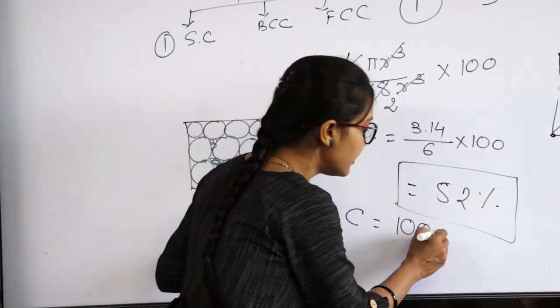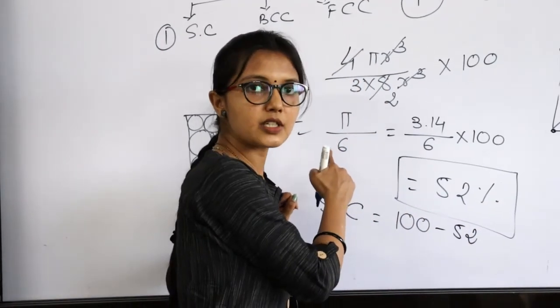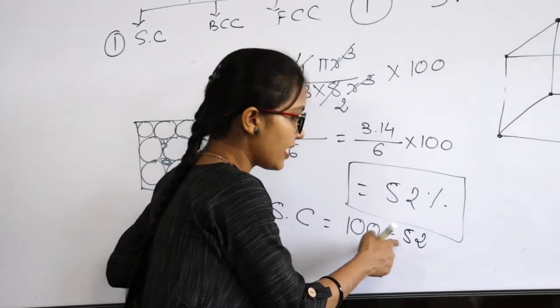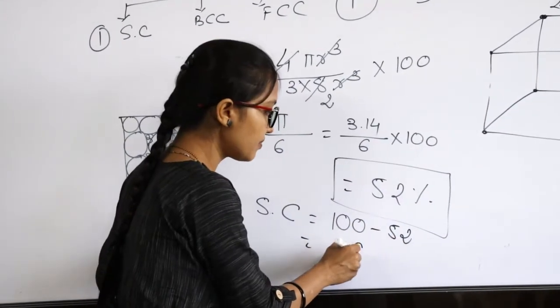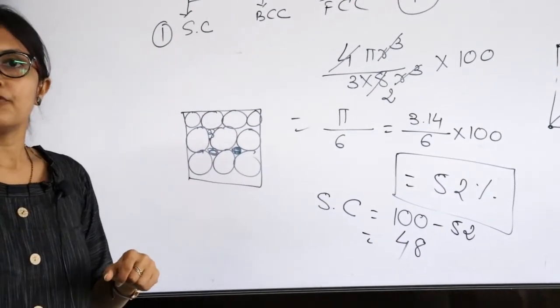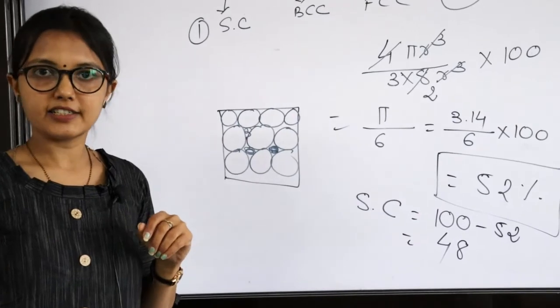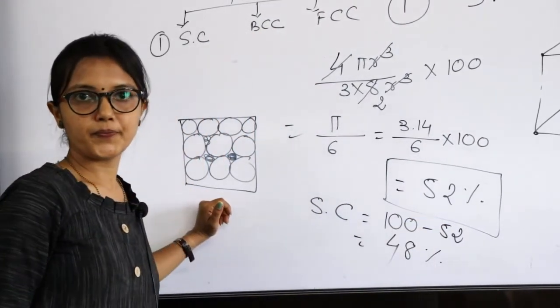Clear? Then 100 minus packing efficiency of simple cubic packing. That's why easily 100 minus 52, then easily we get 48%. This one is the voids value.